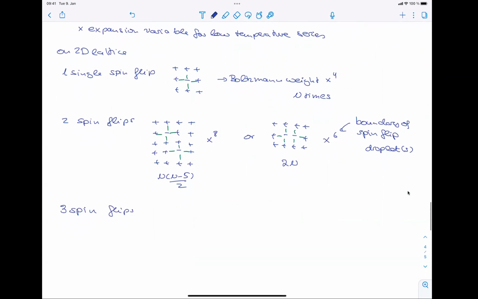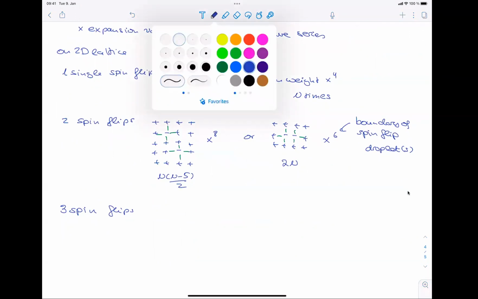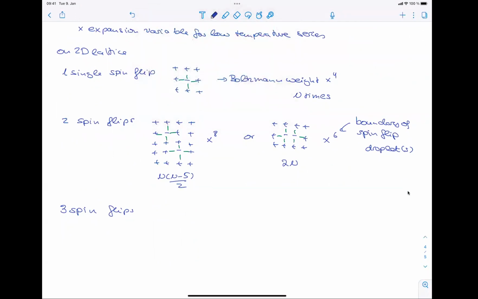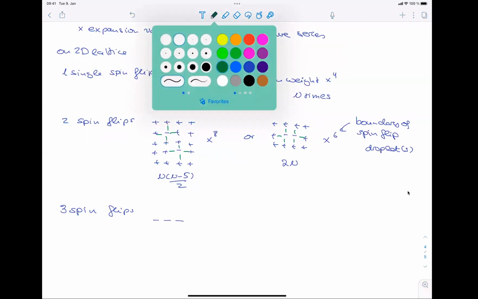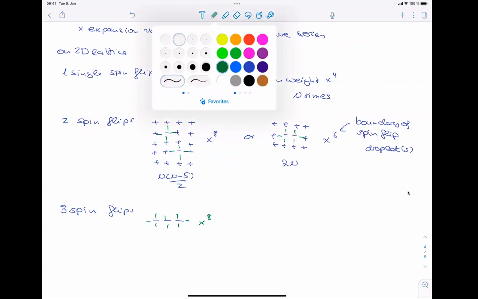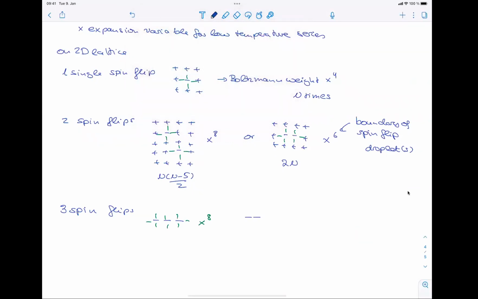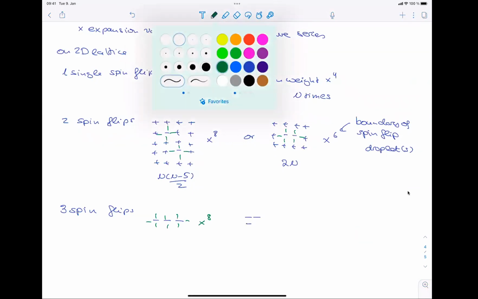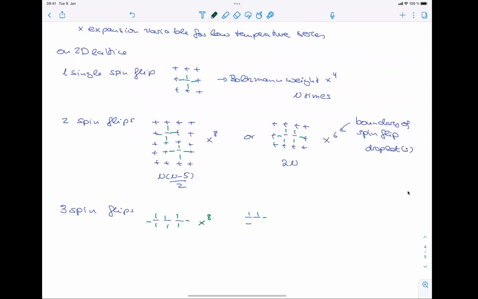So now I'm just drawing the minuses, the flipped ones, and how they can be configured, right? So I can have them all next to each other, and I would have 1, 2, 3, 4, 5, 6, 7, 8, right? That's x to the 8. Or I can have them 1, 2, 3. Then that's 1, 2, 3, 4, 5, 6, 7, 8. That's another x to the 8 term.